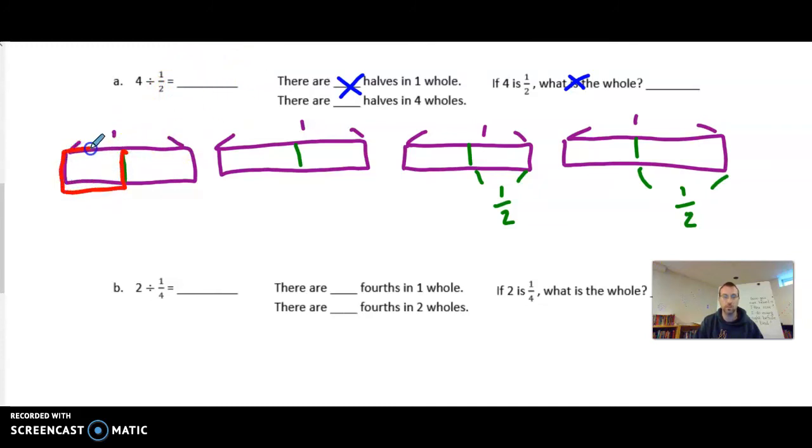I'm going to take this half and put it into a group. So now I have 2 separate groups. 3 groups, 4 groups, 5 groups, 6, 7, and 8. So how many groups of 1/2 are you going to have? 8 of those.